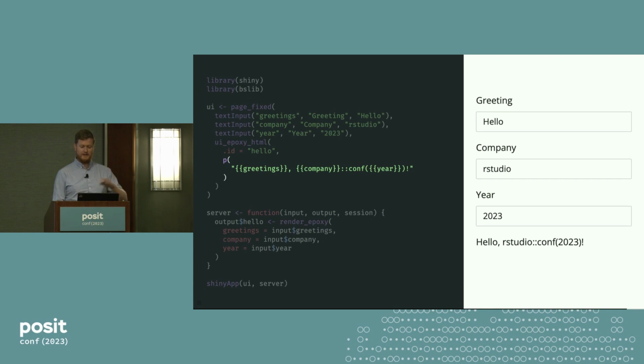We have greeting, company, and year. On the server side, we take render epoxy, match that to the ID of the template, which was hello, and then we send it some things that are going to end up being text. And they come out in the paragraph tag over here. Hello, RStudio. Oh, hello, Posit Conf.